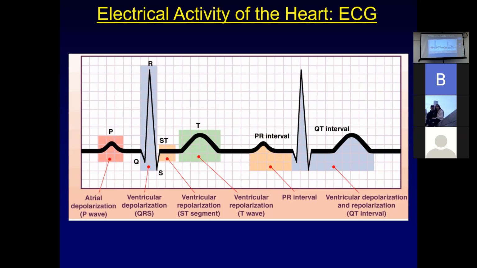Typically, R is the thing that denotes ventricular depolarization or ventricular contraction, okay? Then we have a T wave afterwards, which is the repolarization of the ventricles, okay? Sometimes you'll see these things go in a different direction, like you'll have a T wave, but it goes down.